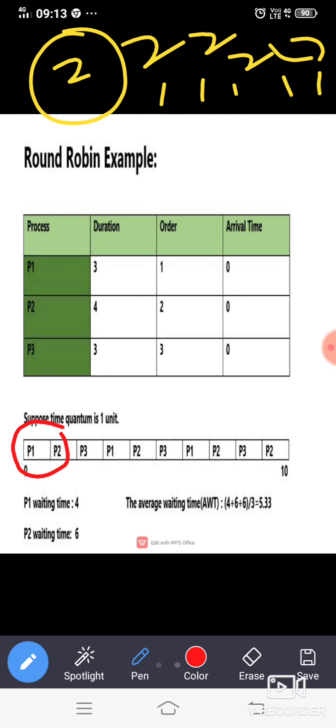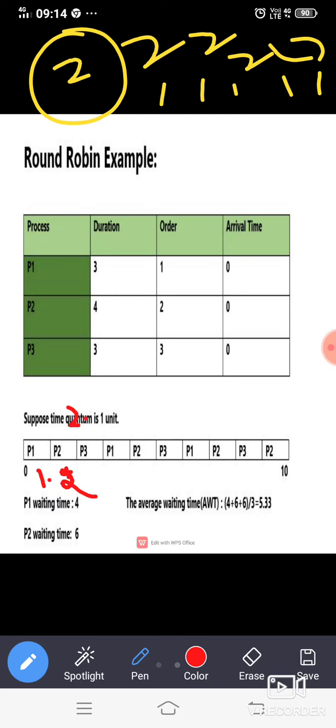P1 has started at the 0th second and it will execute for 1 second. See, P1 has executed for 1 second, then P2 has executed for 1 second. From 0 to 1, P1 is executed. From 1 to 2, P2 is executed.